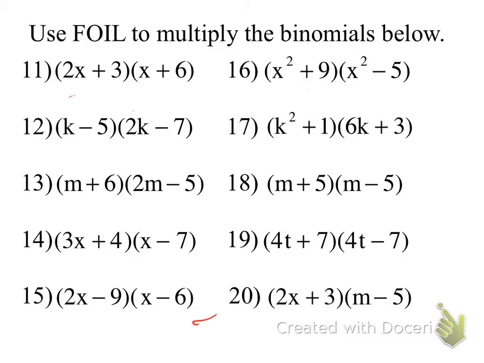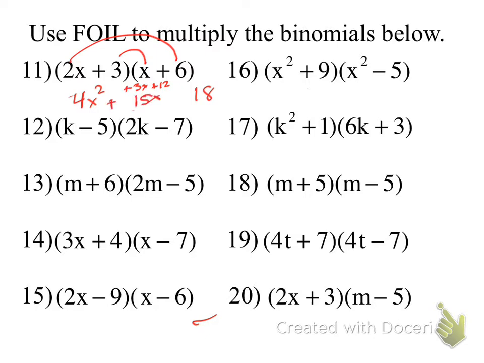Okay, so what they were saying before is I could square the first term. It's 4x squared. I mean, it's 2x squared. I can multiply the last two, which is 18, and then the inner and outer will be plus 3x plus 12x. 3x plus 12x makes plus 15x.